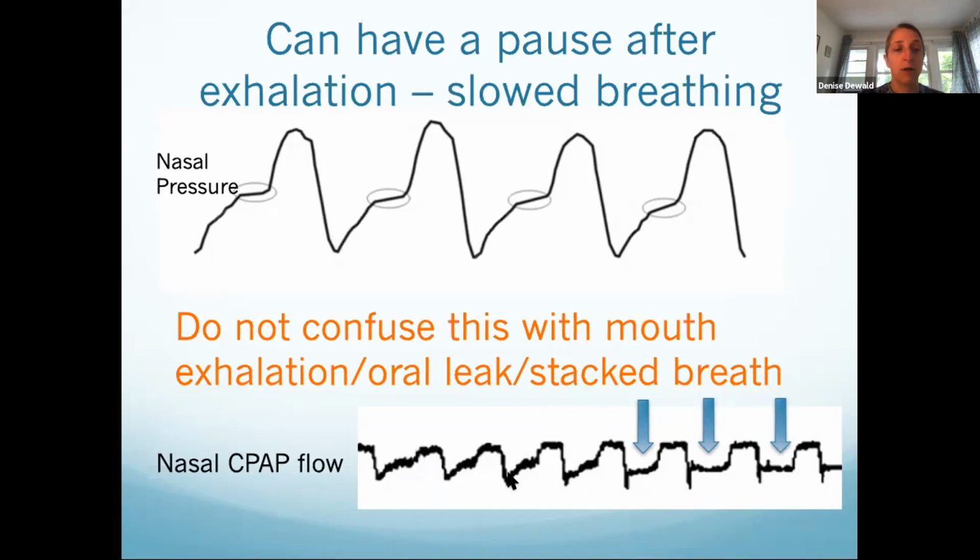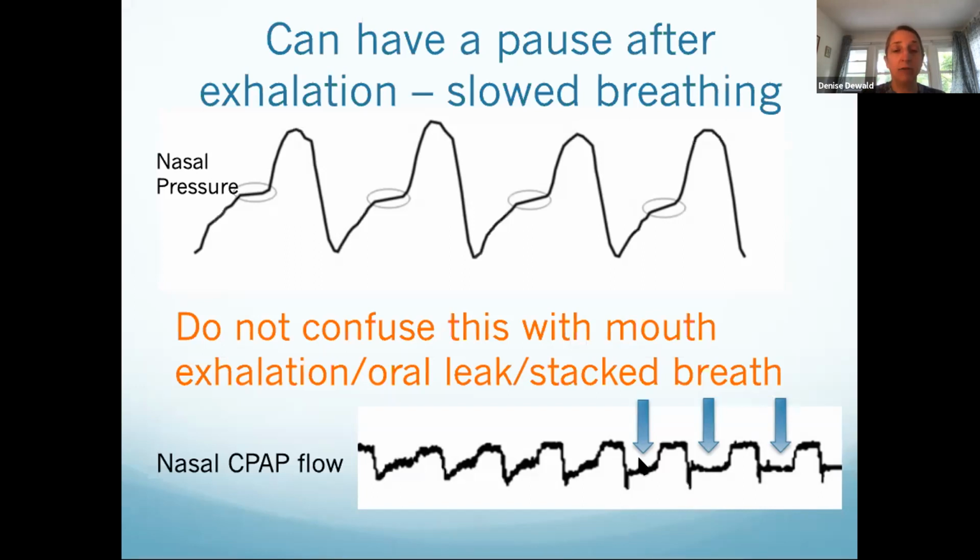So normal, normal, normal, and then suddenly you're getting this line here. So this is not this little exhalation line. This is the signal's dropped off, so it's not going to whatever it's detected. So the CPAP, this is like the person is blocking their nose.